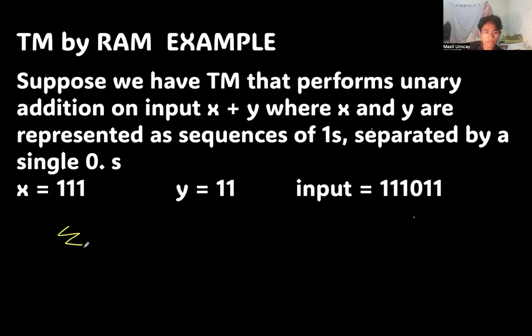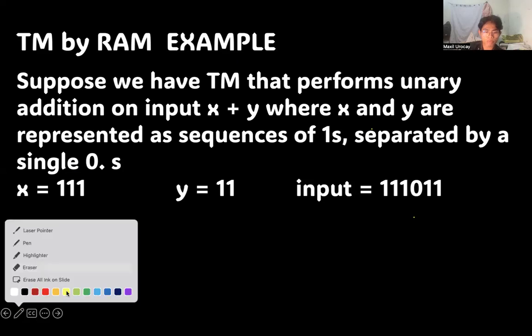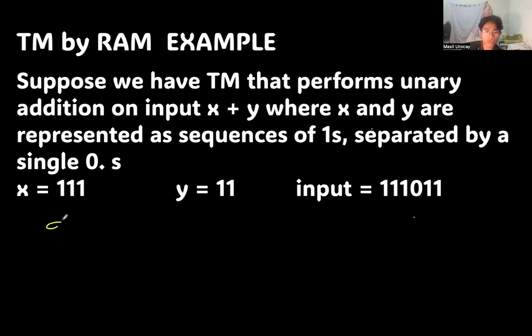The states go from Q0 down to QK, and so on and so forth. Then there is the transition function, where we follow the state Q, then the input, and so on.